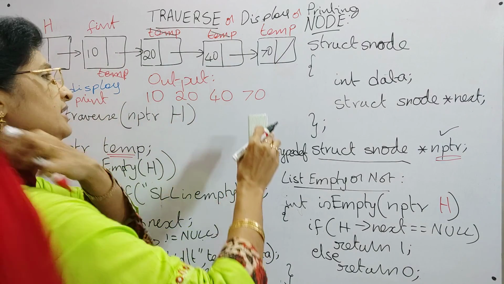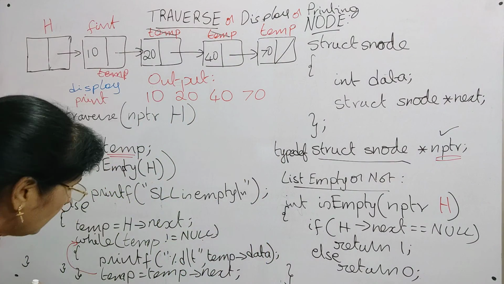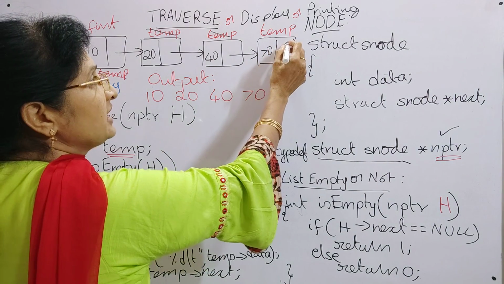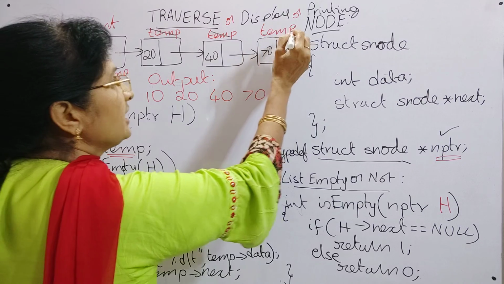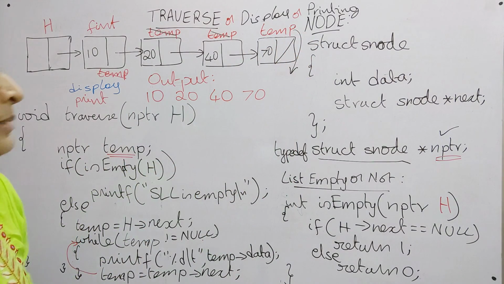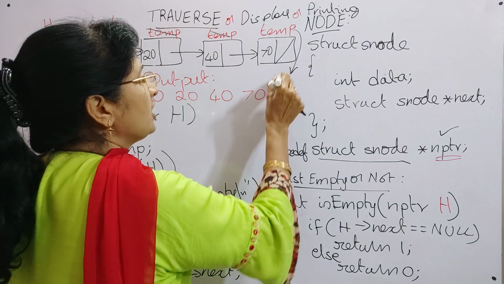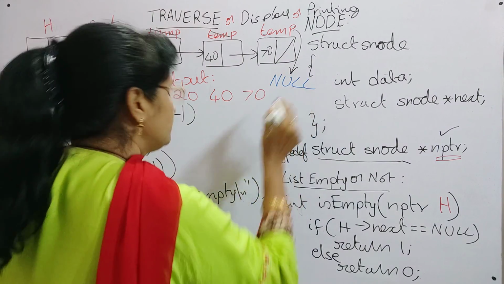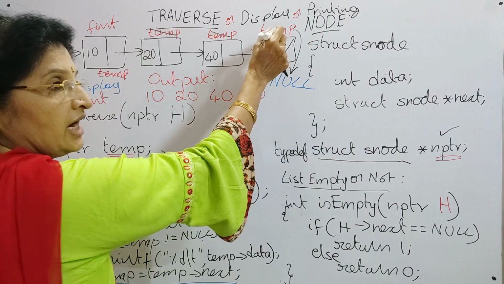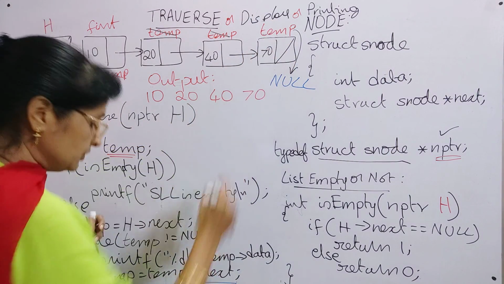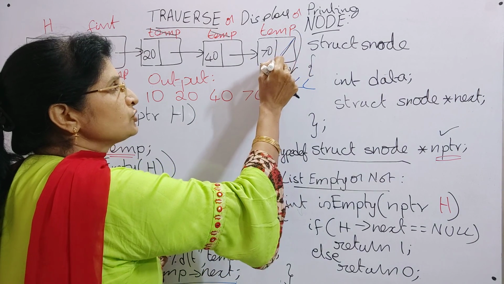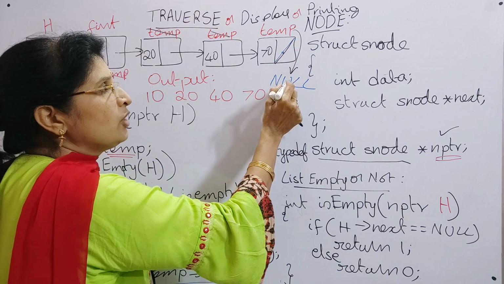After printing 70, it again assigns temp is equal to temp next. What is the value of temp next now? Null, because it is at the last node and here we have the value null.